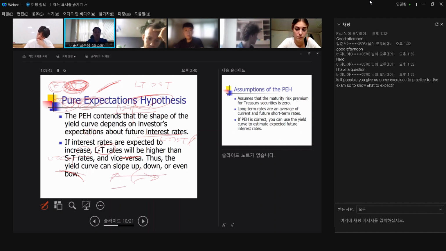So there are tons of theories to explain the term structure or yield curve. One of the most fundamental, basic theories to explain the term structure is the pure expectation hypothesis.